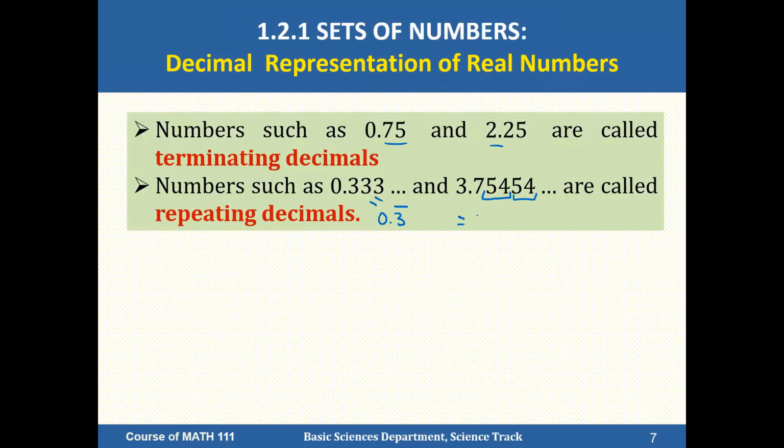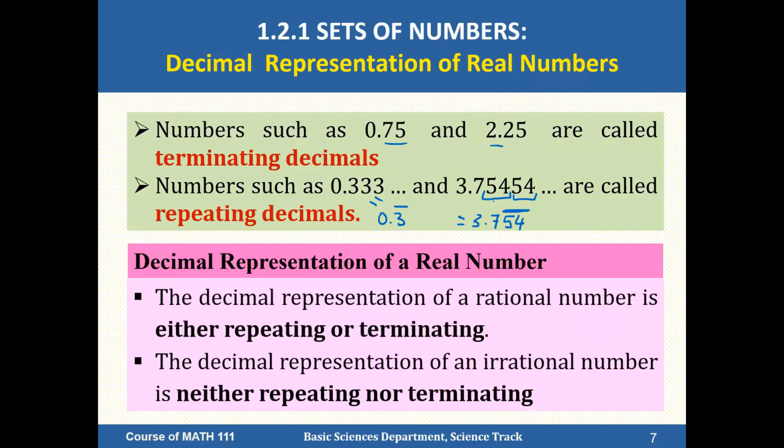Then how to write it? We can write it 3.7 with a bar over 5, 4. So this is the repetition in this case. And as I said, rational numbers are either repeating or terminating. Irrational numbers are neither repeating nor terminating.